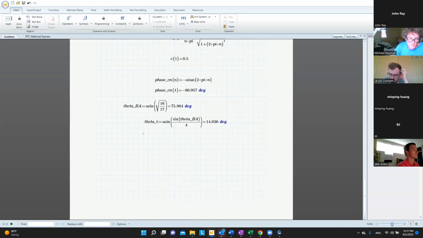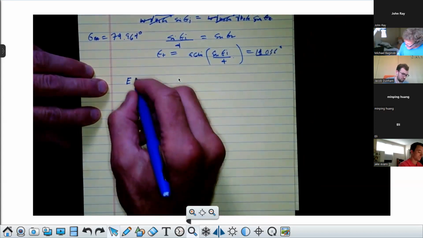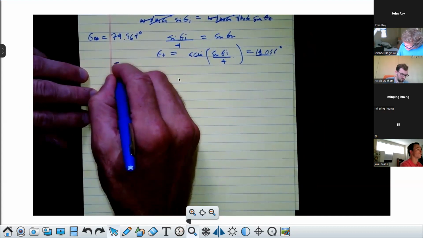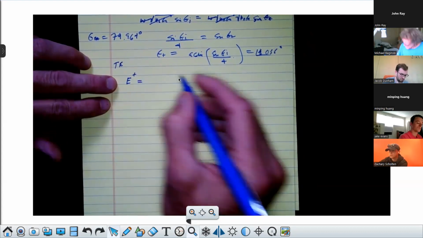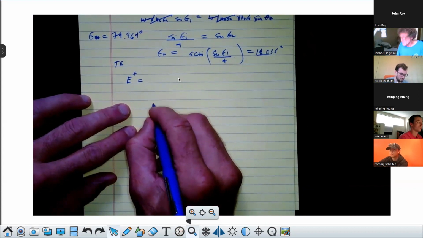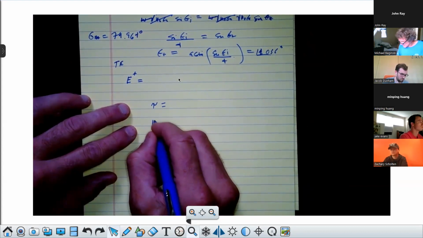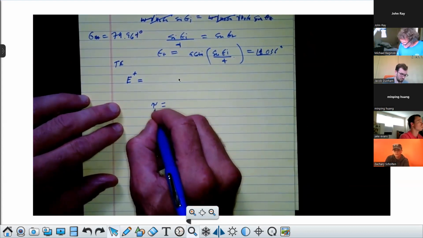I want to do it this way. This is going to be the E field transmitted for the TE mode. So, what do we have to do? We have to get the transmission coefficient. And we need the reflection coefficient for the TE modes, right?